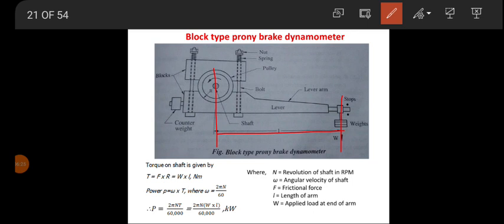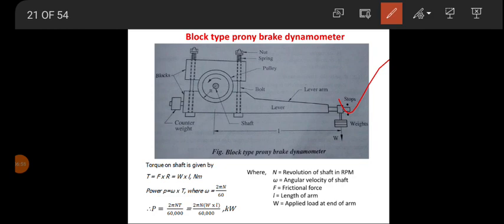Then we have stops also provided, stops S1 and S2. What is the purpose of the stops? They restrict the motion of the lever from going to an extreme position or extreme condition, whether going up or going down.